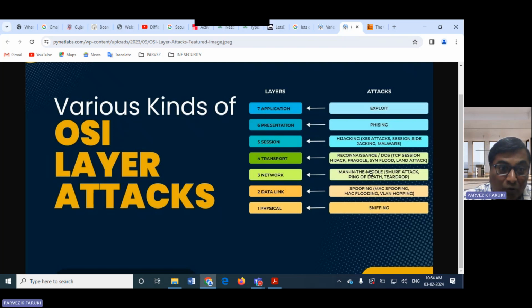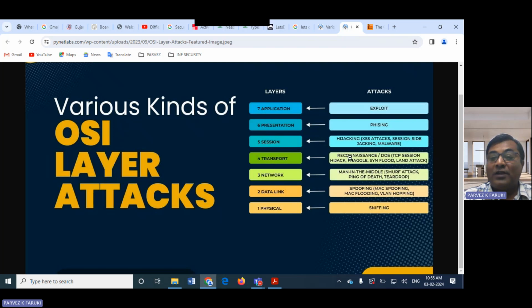Eve poses as a legitimate participant called Alice, and is able to perform a man in the middle, inserting something towards Bob without the information, knowledge, or consent of Alice.